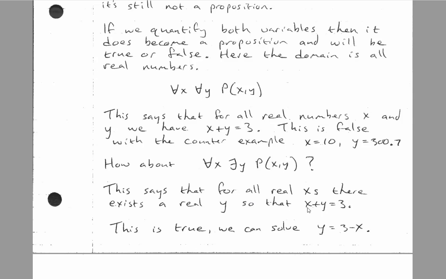And that is true. If you start with any real number x, then you can always find a y to make this true. You're just solving for y. If you start with, say, x equals 10, then you need 3 minus 10, that's negative 7. So for all x's that you start with, you can always find a y. So there exists a y, so this expression is true.